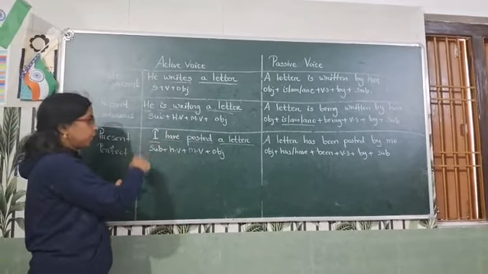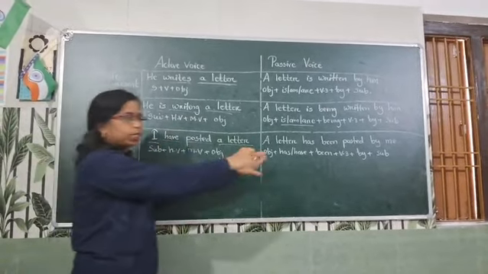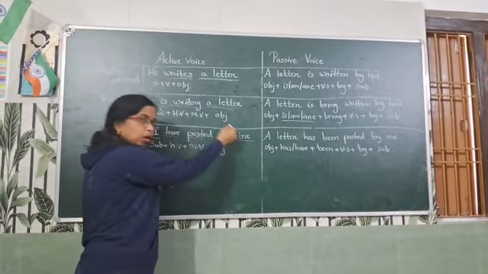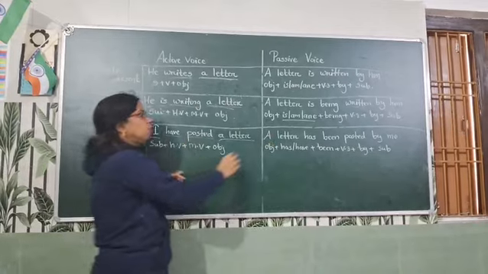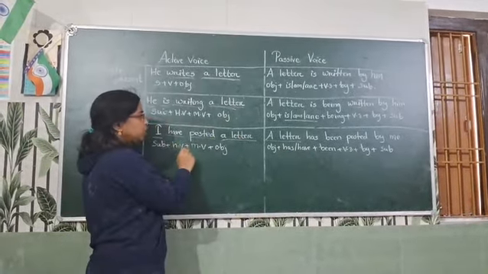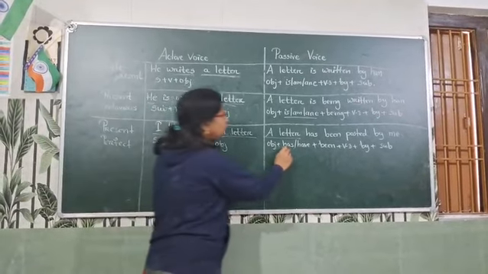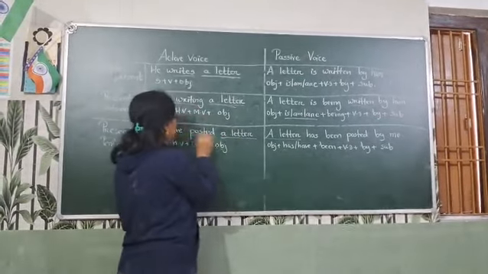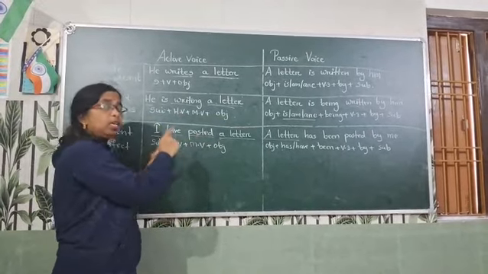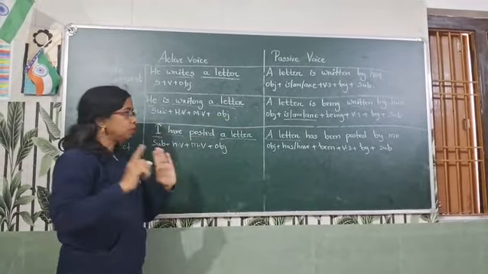Now we have to change from active voice to passive voice. A letter is the object, and the object will come to the subject place. So I write here a letter. After has or have, I will say how: because have is used for I, we, you, they.